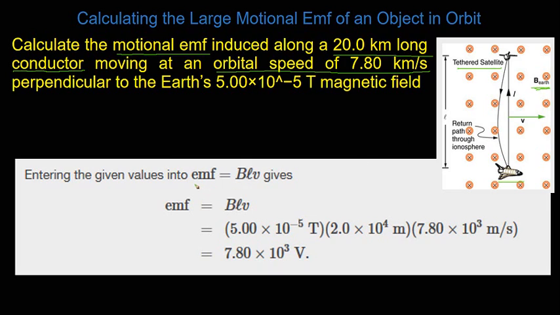And the motional EMF equation was given to be this, so we're just going to substitute for B, the Earth's magnetic field, known to be given here, and L is the length of the conductor, 20 kilometers, and then this is the velocity with which the conductor is moving in outer space, and you can see a very large voltage getting induced. This produces a current in the conductor, and you can get the current also if you wanted.